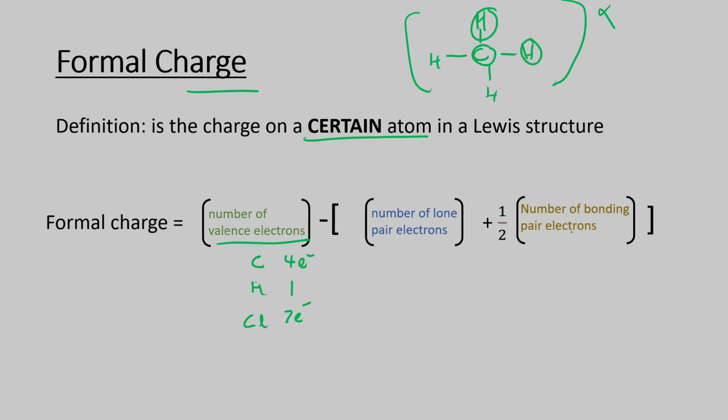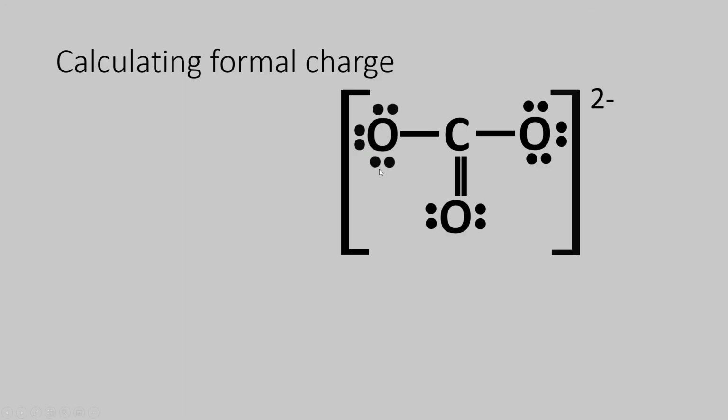The one thing a lot of people make a mistake on is this bracket. So remember, you calculate anything in the bracket first. So the number of lone pair electrons, plus half of the number of bonding pair electrons. Once you have this value, then you subtract it from the valence electrons. Okay, so let's see an example.